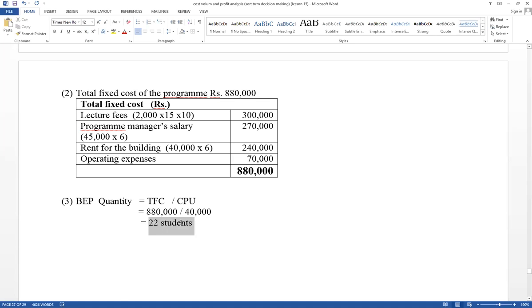To cover the total cost, 22 students should be participants in this situation. This is the break-even point quantity.